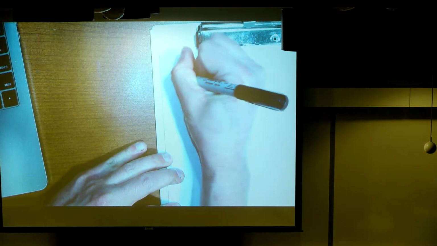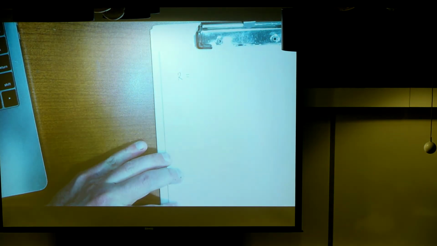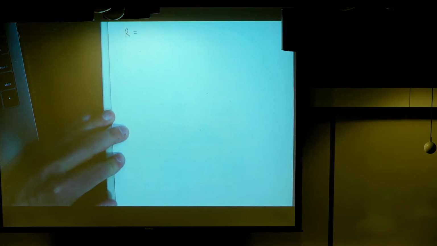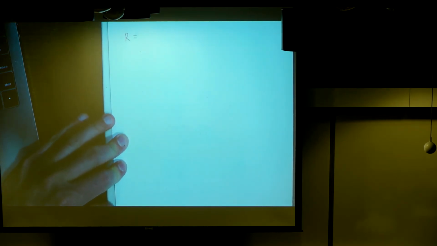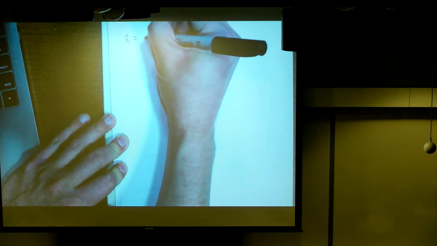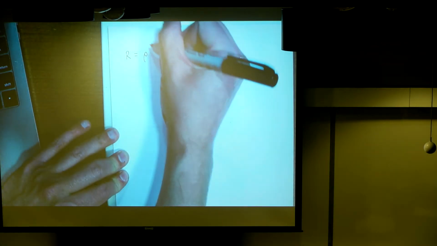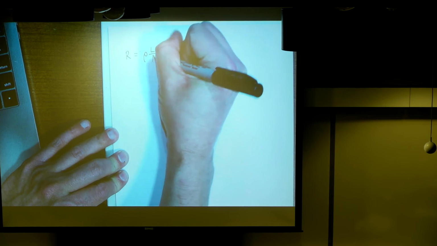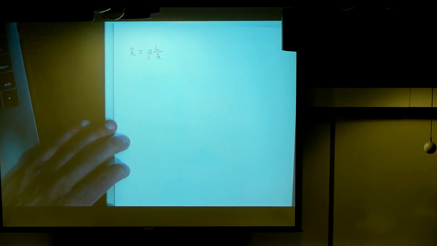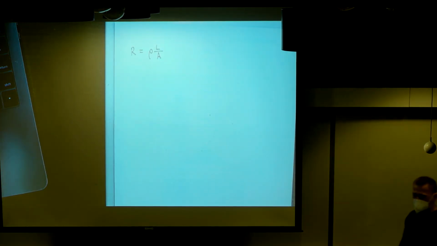So here we go. The resistance of our tungsten filament R is going to be given by rho, that's the resistivity of the material, times L divided by A. So presumably, the length of our tungsten filament is going to stay the same, and the area is also going to stay the same. That's not going to be affected by this increase in temperature.